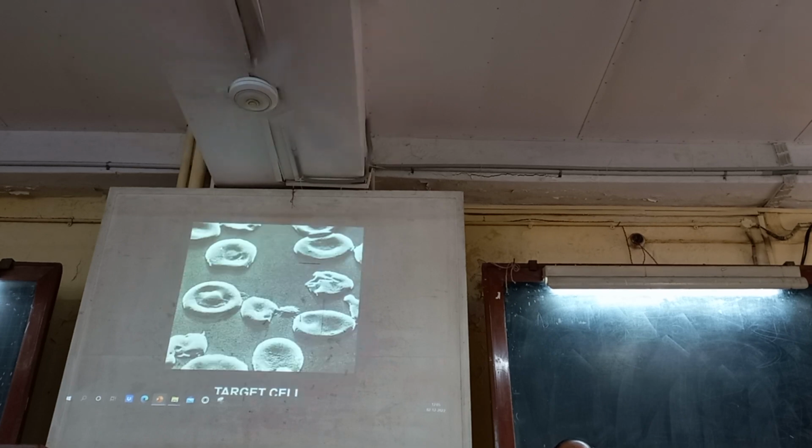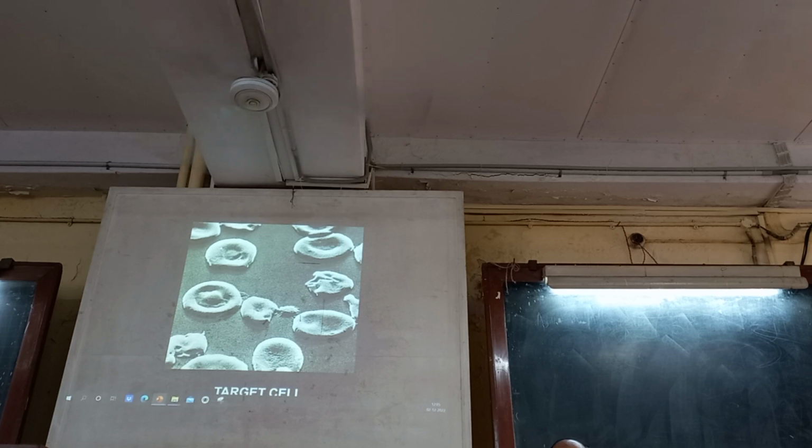Here you can see some RBCs swollen in the center, surrounded by a depression, surrounded by a swollen peripheral part. You can see the image of the RBC to the left of your screen, halfway from up to down.